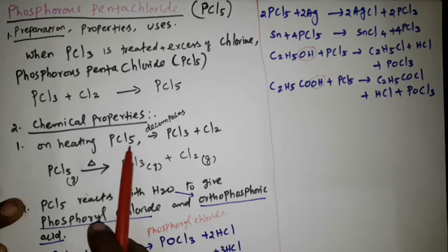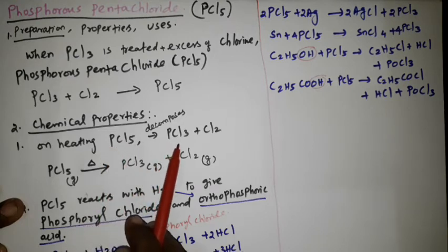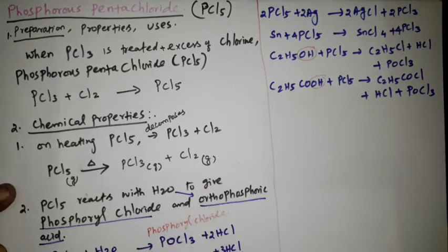On heating, PCl5 breaks into PCl3 and chlorine. Second, PCl5 reacts with water to produce orthophosphoric acid. It takes place in 2 steps. First it will produce phosphoryl chloride, then later orthophosphoric acid. Then third, PCl5 reacts with metal to produce metal chlorides.